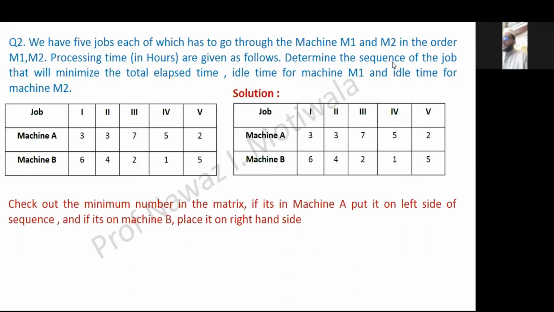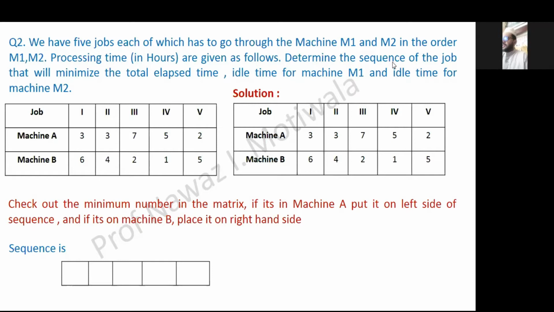Johnson's rule, as I said, says check the minimum number in the matrix, and if it happens on machine A, put it on the left side, or if it is on machine B, put it on the right hand side. As there are 5 jobs, I will make 5 boxes to find out the optimal sequence. First step, select the minimum number from the matrix.